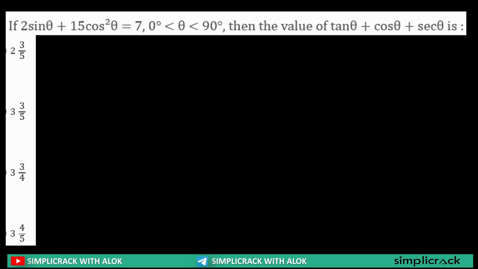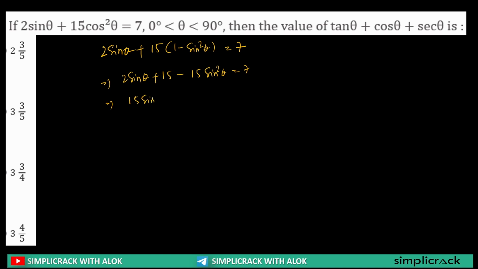Okay, 15 cos square theta can be written as 15 into 1 minus sin square theta. So I can write 2 sin theta plus 15 into 1 minus sin square theta is equal to 7. 2 sin theta plus 15 minus 15 sin square theta is equal to 7. Or I can write 15 sin square theta minus 2 sin theta minus 8 is equal to 0.